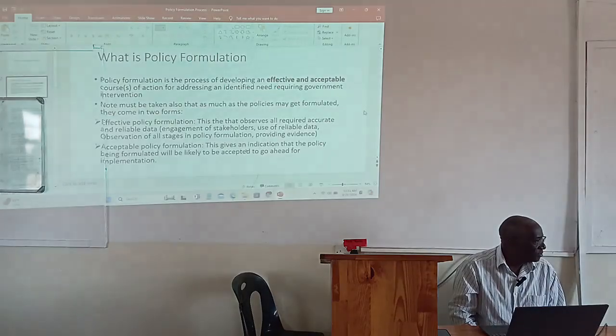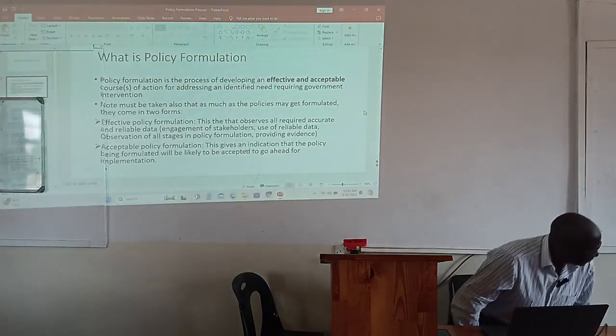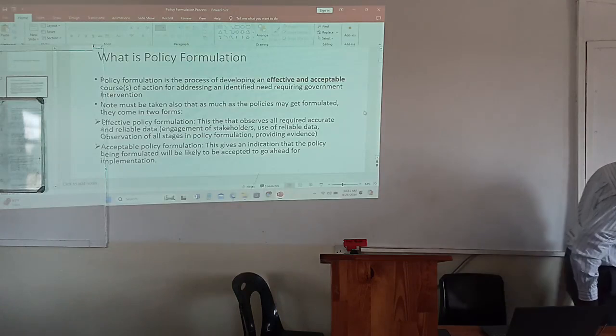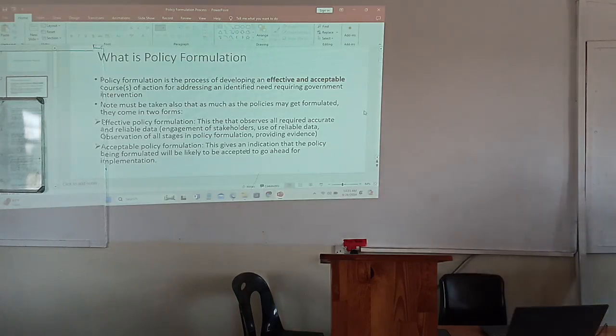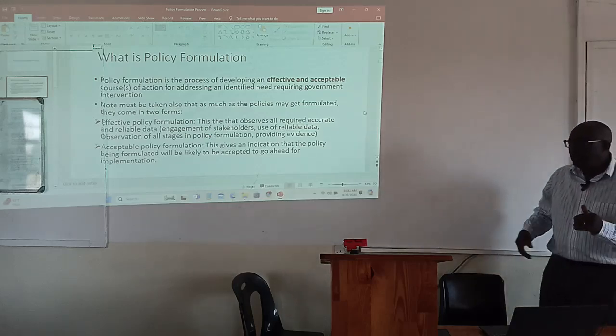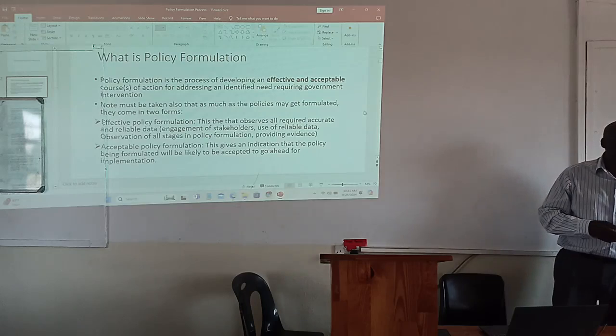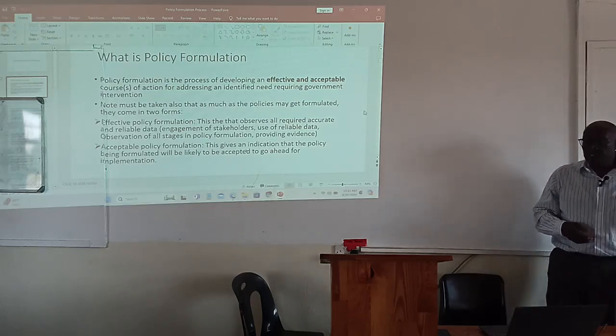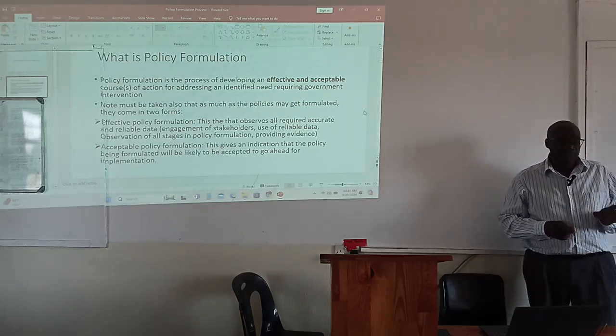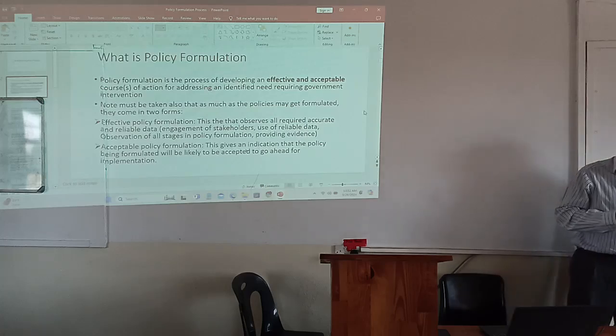A simple example is you cannot go out to develop a policy when only 2 girls have been married when they are young, right? That's a very small scale problem. But if that problem escalates and you have bigger numbers of girls getting married underage, then indeed that will be a serious problem requiring intervention, either by organizations or by government.